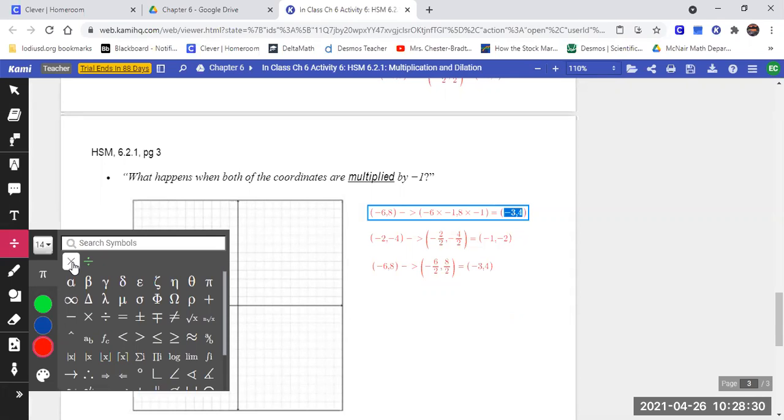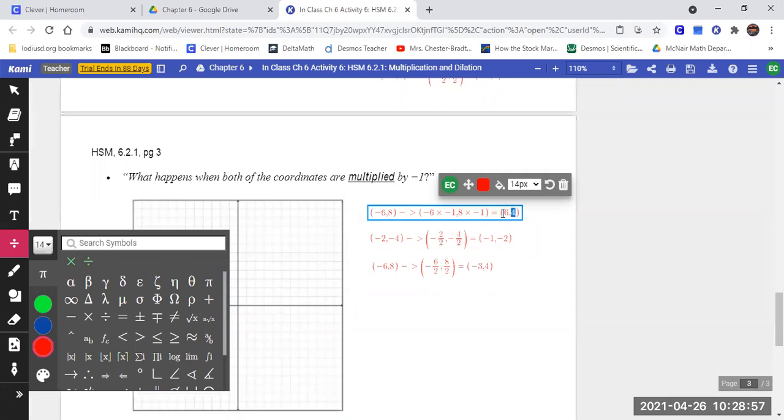Negative 6 times negative 1. What do we get? Positive 8 times negative 1. What do we get? Tell me the coordinates. Positive 6, negative 8.